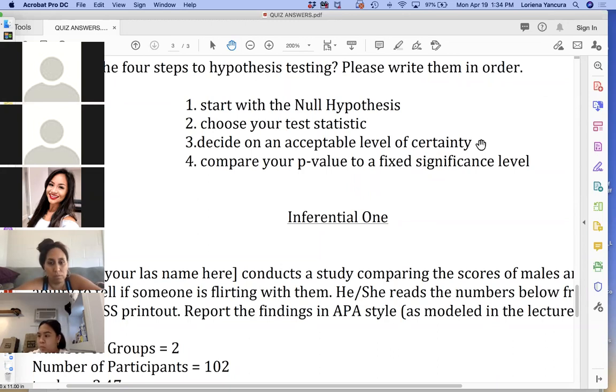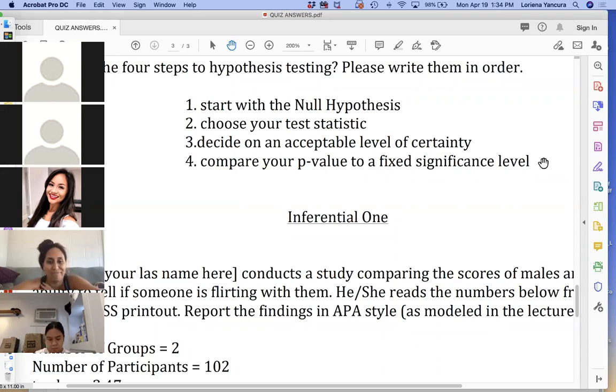So if it's something like a COVID vaccine efficacy, you want to be pretty darn sure that if you see that it works, your results are not due to chance. So you want a really strict alpha level, and that'd be 0.01. So you decide on your acceptable level of certainty. That's step 3. And then step 4 is you throw everything in our magic computer.